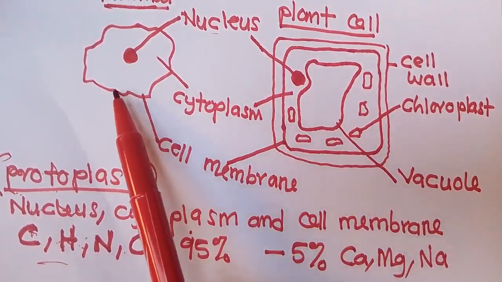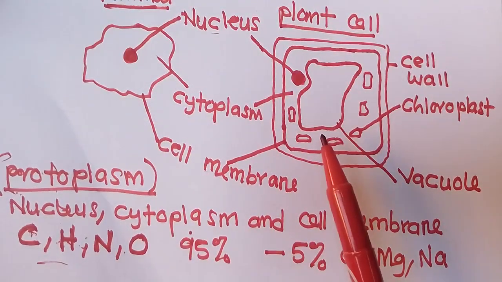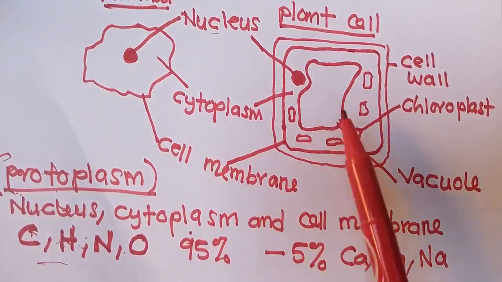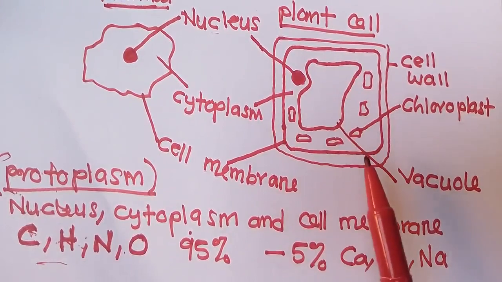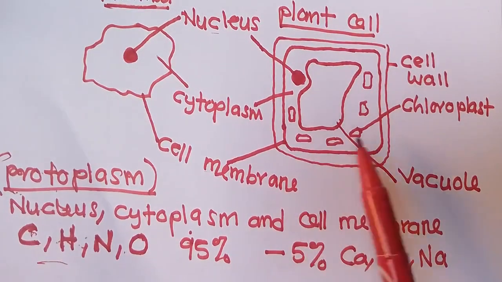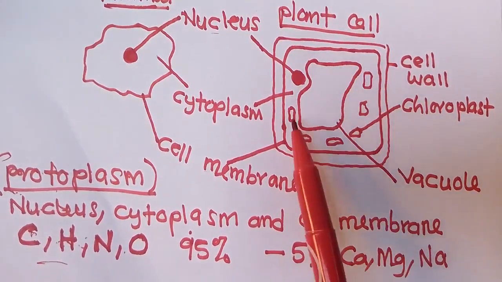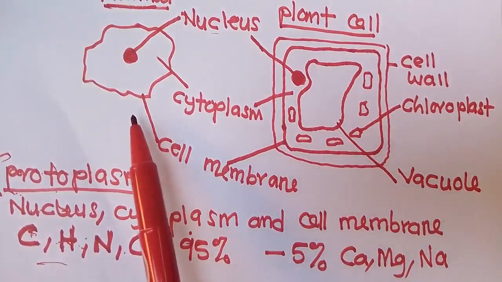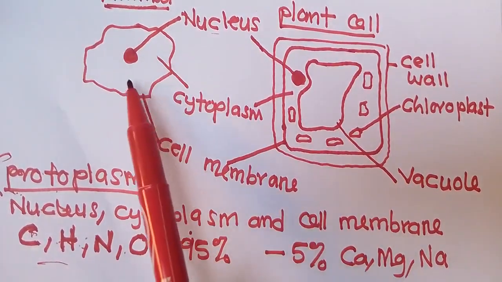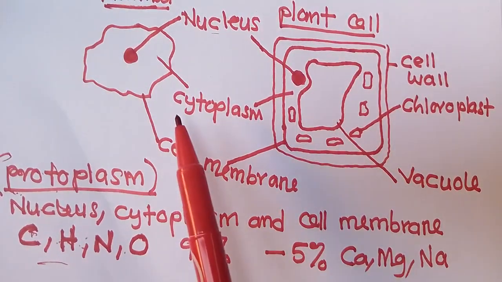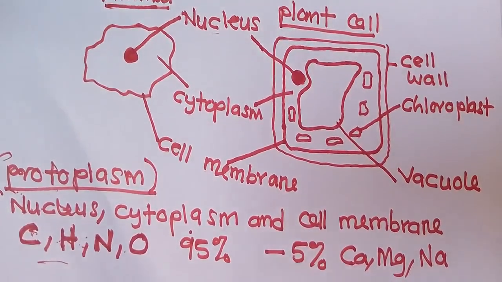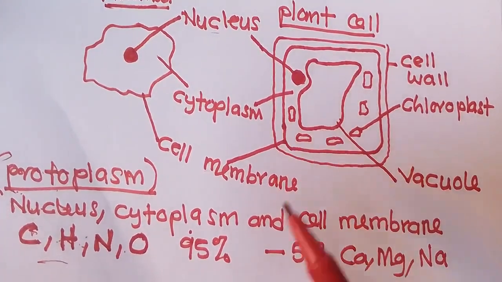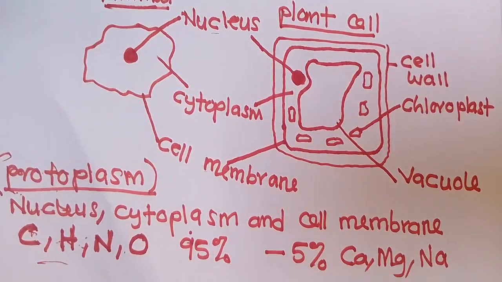A plant cell has a regular shape and a bigger size, like this. But this one is irregular and a smaller size. These are some of the differences that you can give between an animal cell and a plant cell.